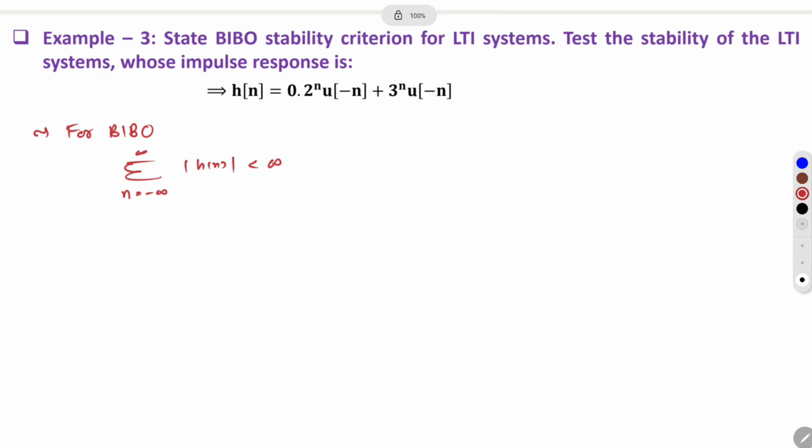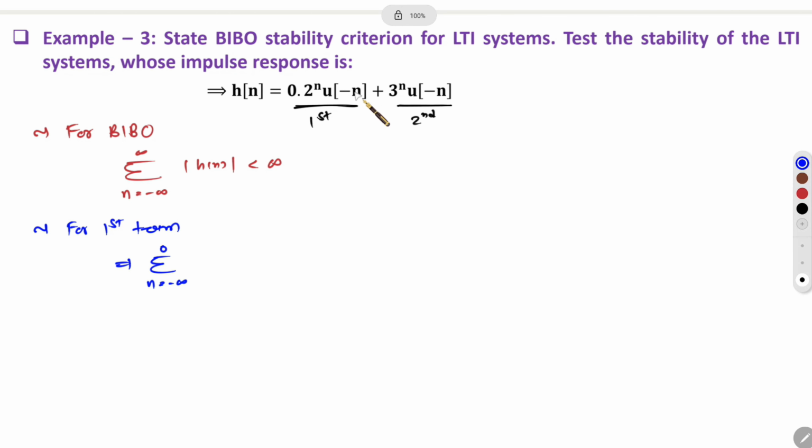Now here, if you observe, we have two terms with h of n. This is the first term and this is the second term, right? Now, let me try to explain the first term with this given stability criteria. If you observe the first term, if you talk about the summation, where u of minus n is there, means if you talk about n varying from minus infinity to 0, then in that case we have negative range.